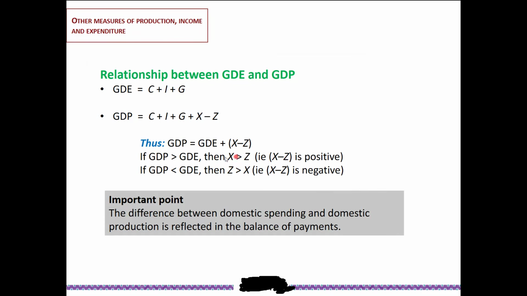Remember I said that your export is like your income because you are selling to the rest of the world, so they're going to pay you money. And your imports are like an expense, because you are buying from them, so you pay money. So if the income is greater than the expense, then you will have a positive balance. But if our expenses are greater than our income, then we have a negative balance. That is when our GDP is less than our GDE, right?